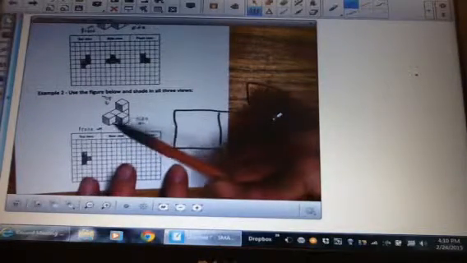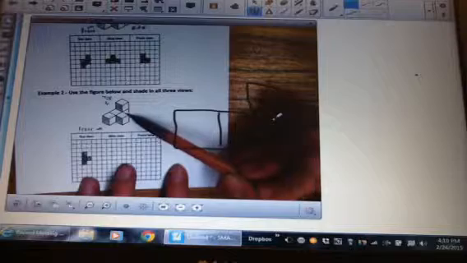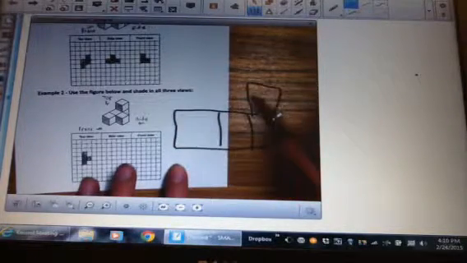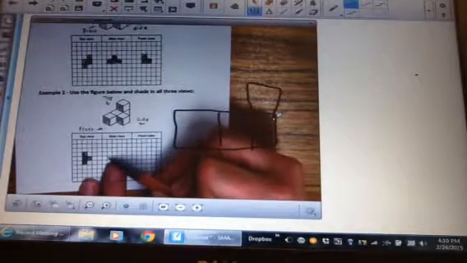So your side view, if you look at your picture, imagine pushing it all flat, you have 1, 2, 3, and then above this third one you have 1 here, which is that one. So your side view will look like this.